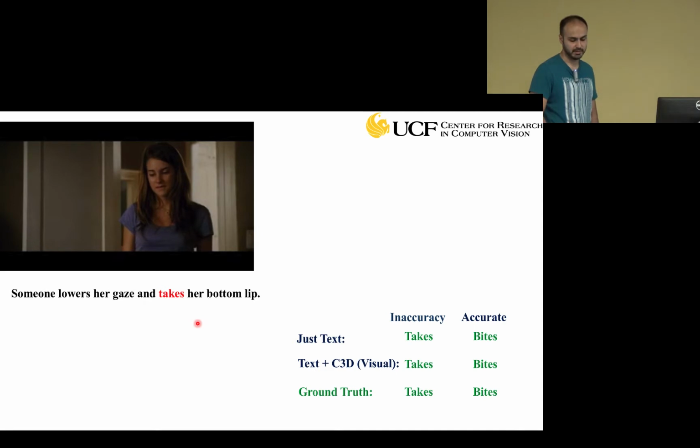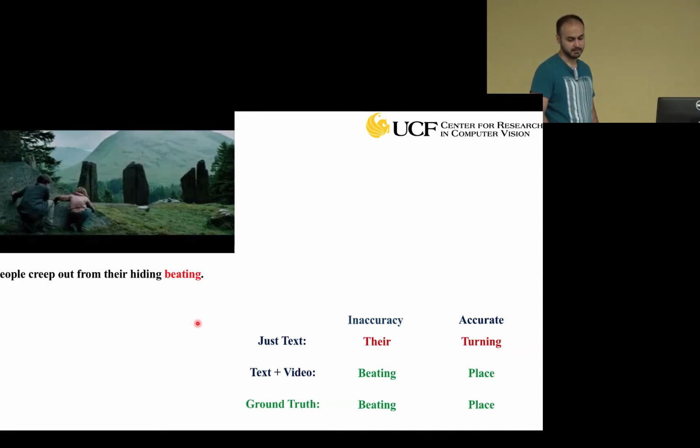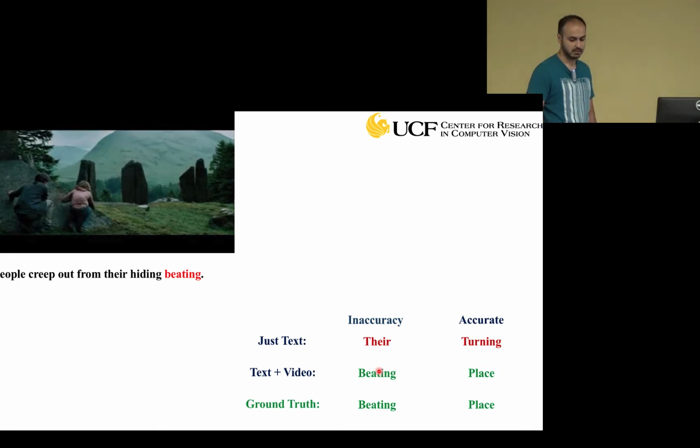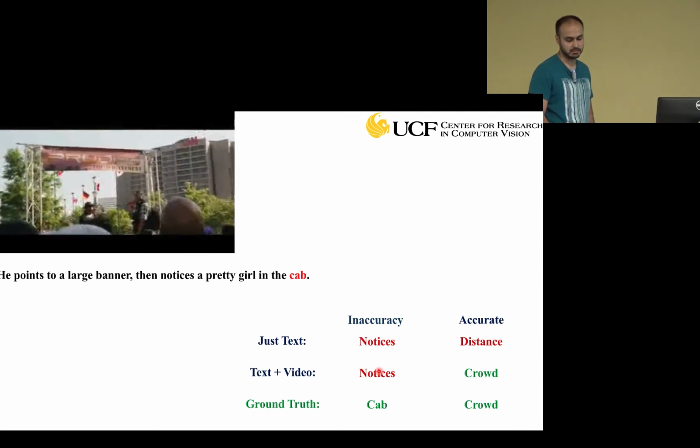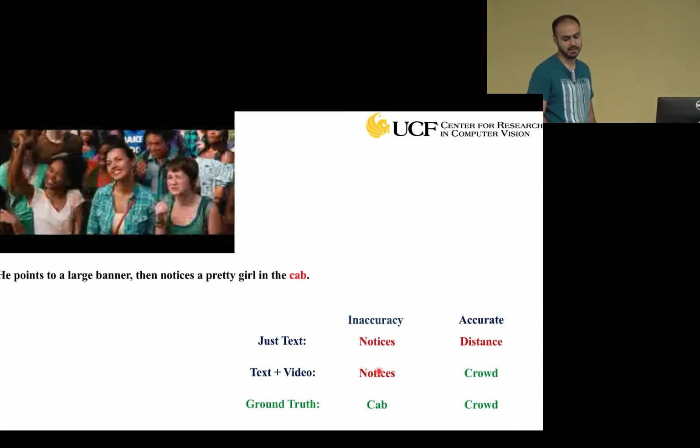People creep out from their hiding, beating. So the textual model is completely distracted. It detected the wrong word, but the text and video model, which used the visual features as well, is doing it correctly. Another example: he points to a large banner, then notices a pretty girl in the cap.